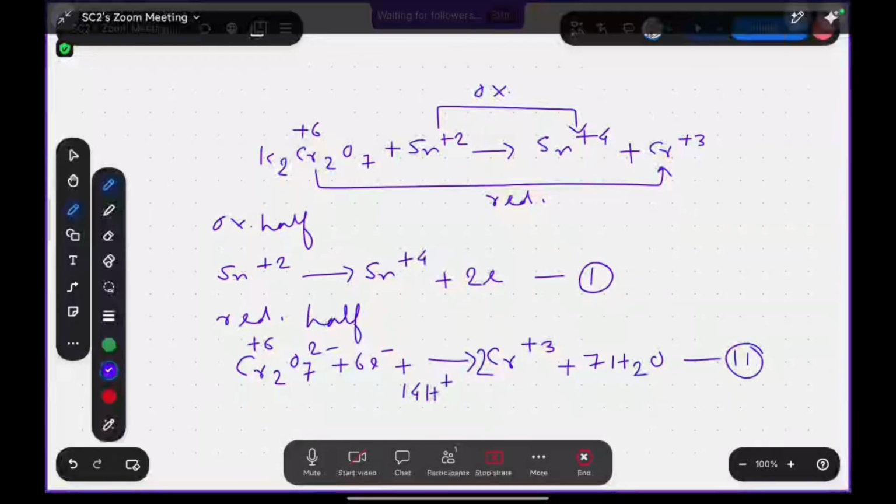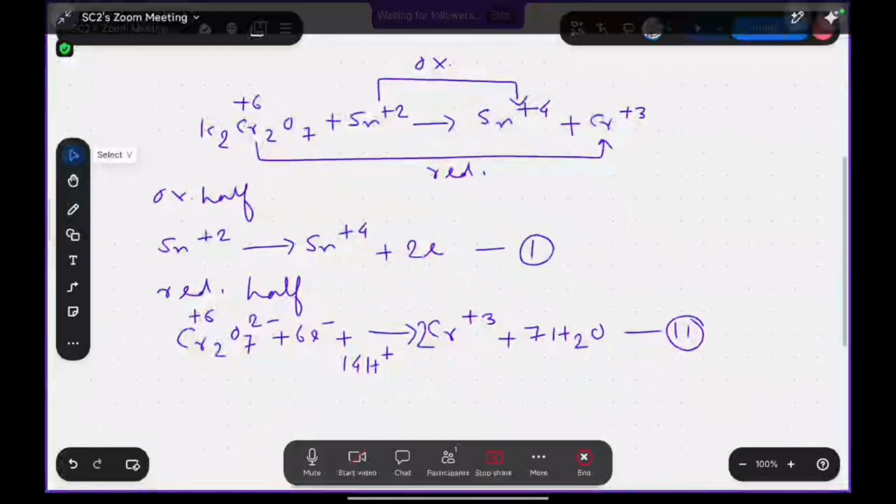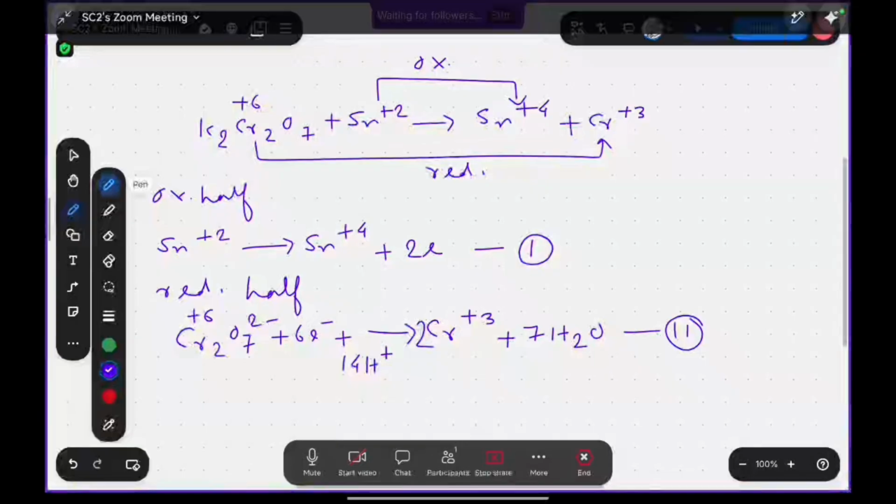Now see, in the first half reaction there are 2 electrons, and in the second half reaction there are 6 electrons. Electrons are not balanced. You need to balance the electrons first, so multiply equation 1 by 3 and equation 2 by 1.